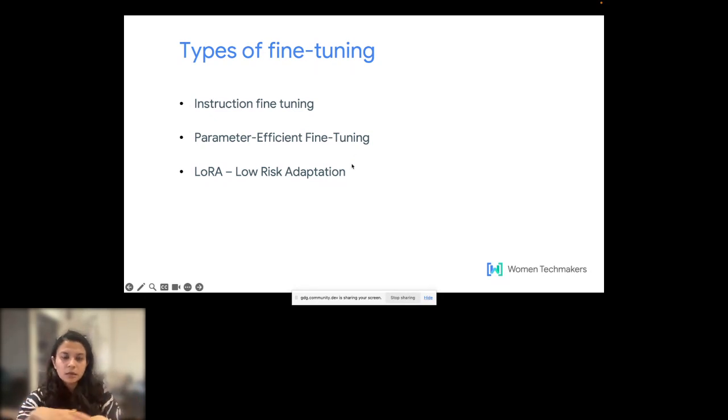There is another type of fine tuning which is known as low rank adaptation. What happens in low rank adaptation is it freezes the original model, so it does not modify the attributes of the original model, but you can add new layers.